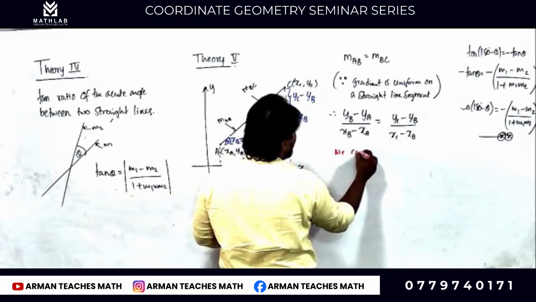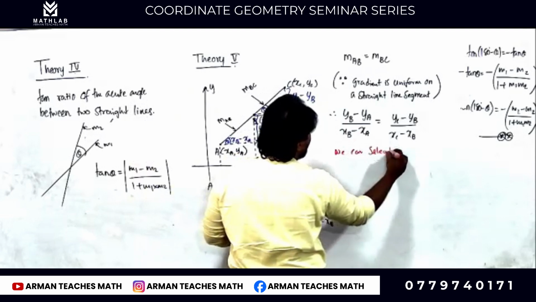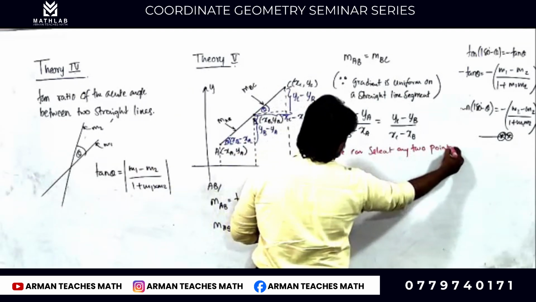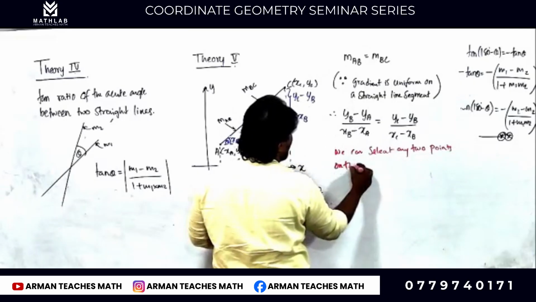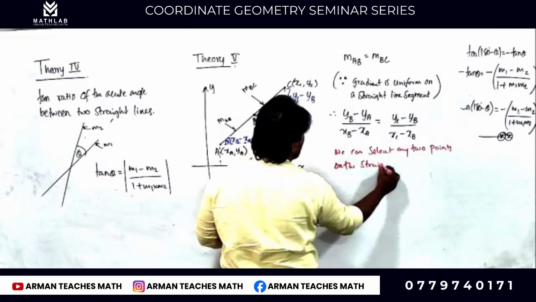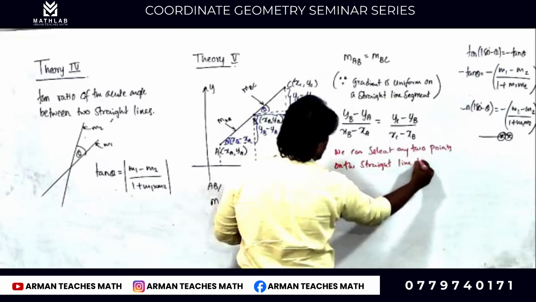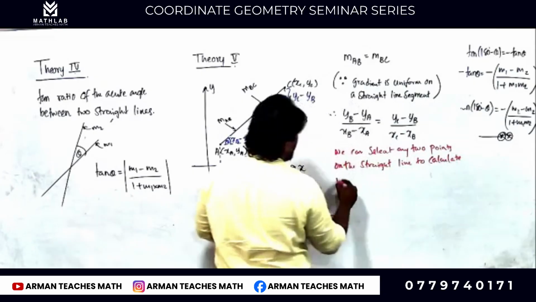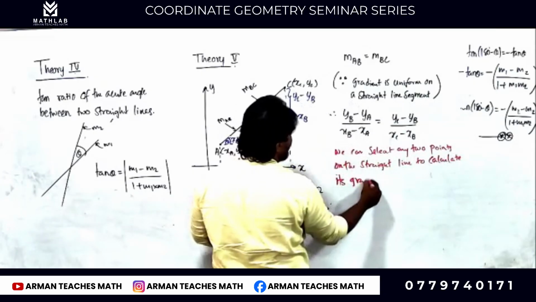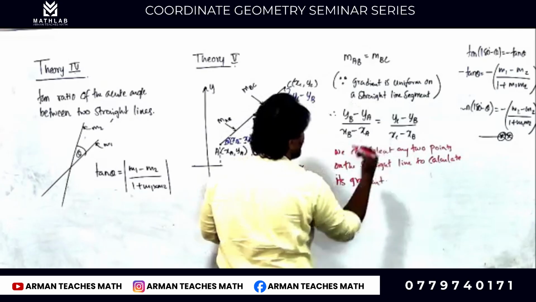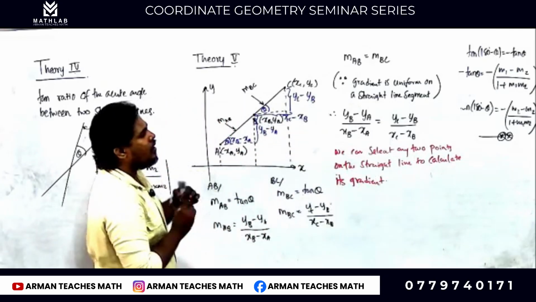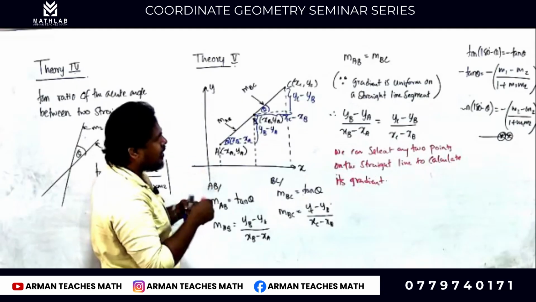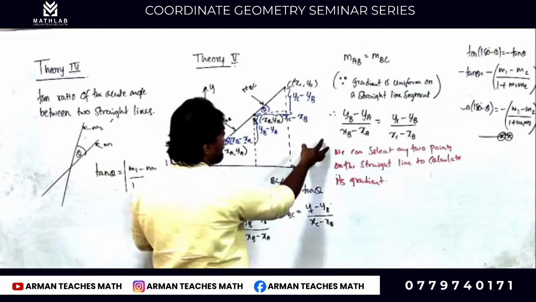We can select any 2 points on the straight line segment to calculate its gradient. This is something you already know, but since your syllabus says to teach it, we are doing it.